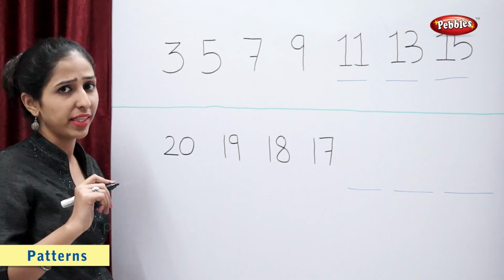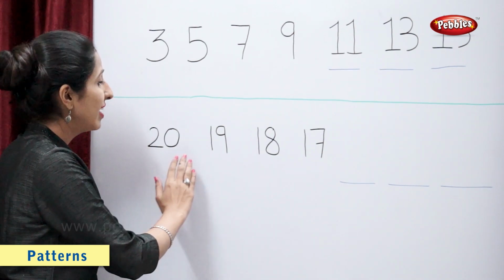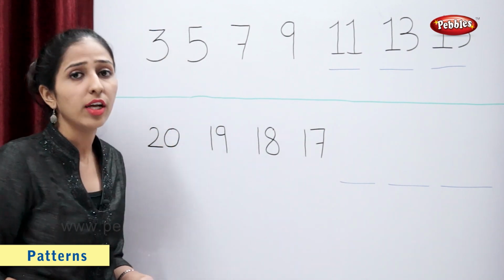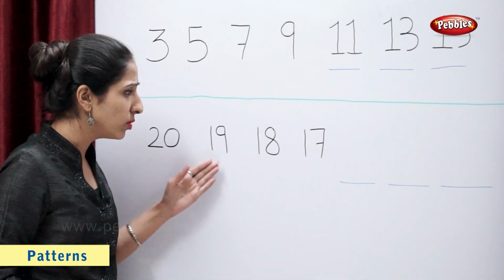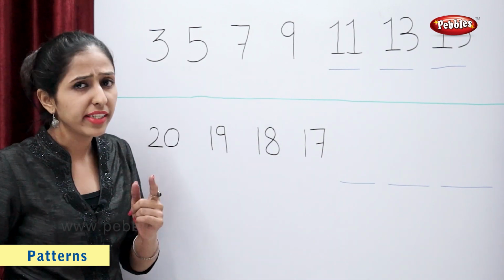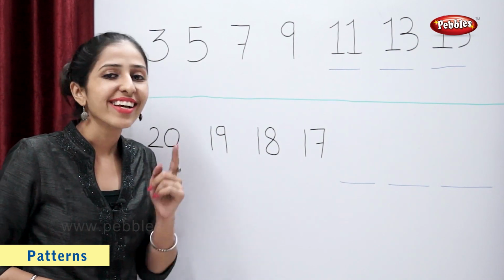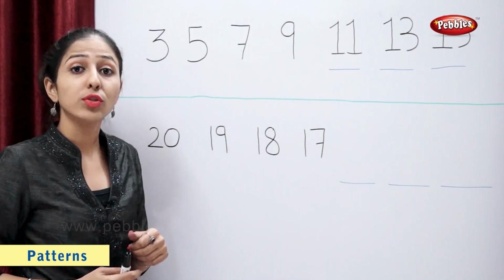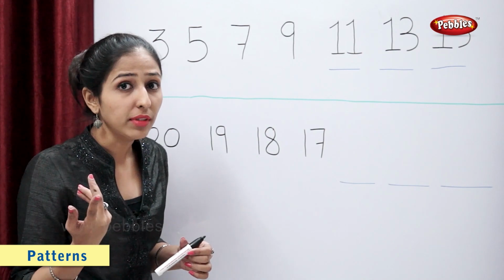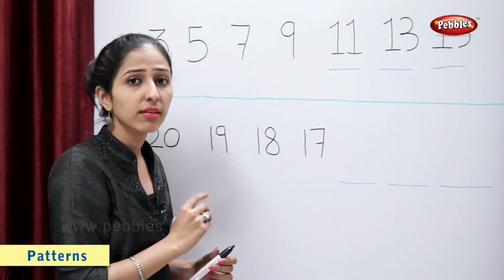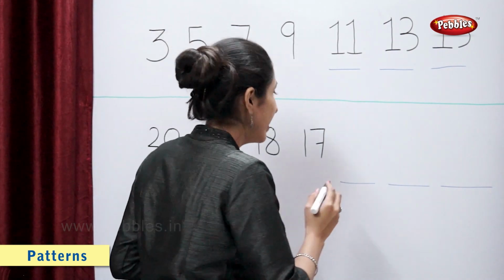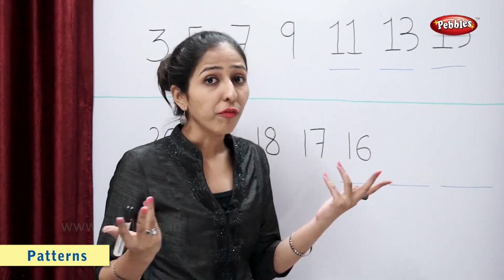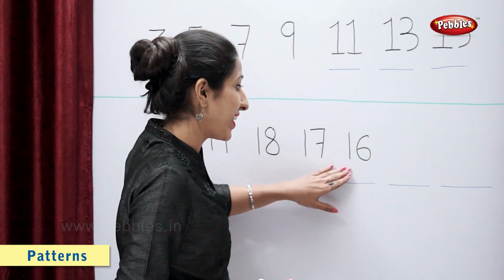So this is a complete pattern. Let's take one more example. Number 20, 19, 18 and 17. Students, can you tell me something about these numbers? Guess and say. Correct. These numbers are in reverse order. So tell me, which number comes before number 17? Correct. Number 16. Which number comes before number 16?